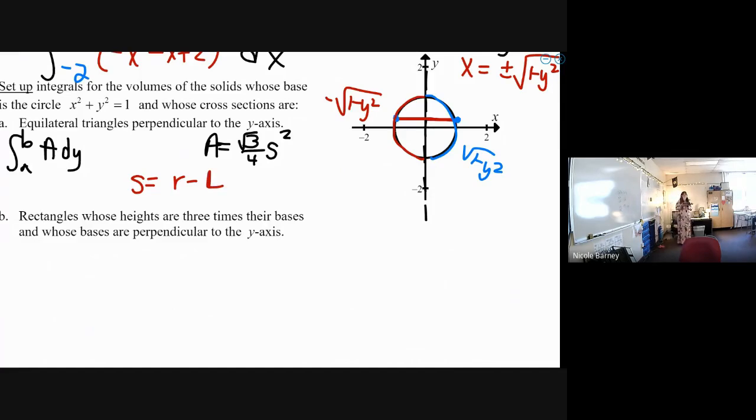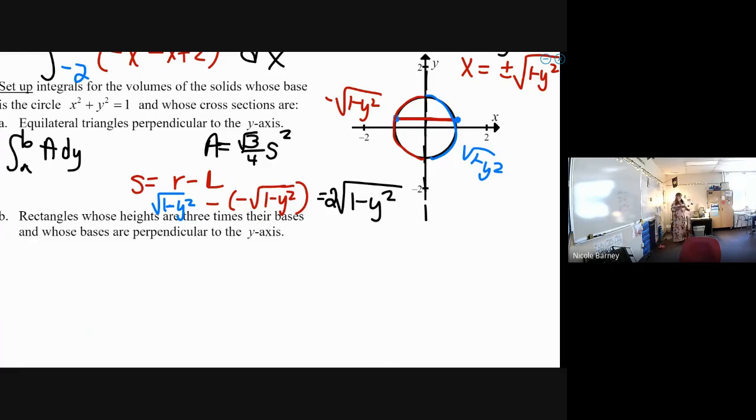Okay, so we're going to do right minus left, right? The right curve is root 1 minus y squared. The left curve is negative root 1 minus y squared. So really, the side is root 1 minus y squared plus root 1 minus y squared, which is 2 root 1 minus y squared.